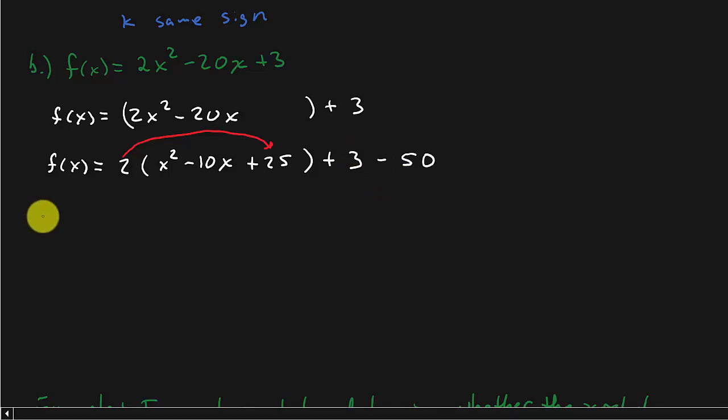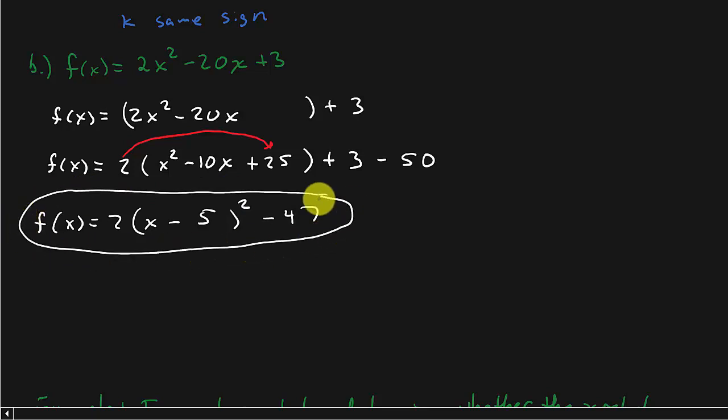And so now let's factor this. So that's f of x equals 2 times, and that's going to be parentheses squared. And so the square root of the first term is x, this sign, and square root of the last term. And that's minus, was that 47? And so this is the form you're in.